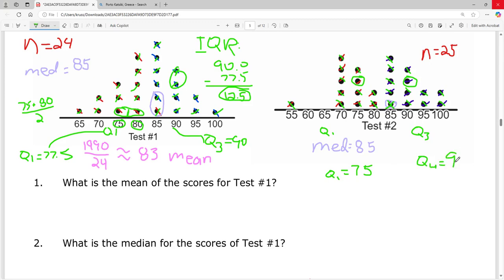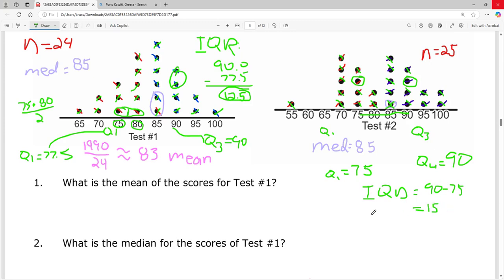So our interquartile range goes from here to here, which is 90 minus 75, which is 15.